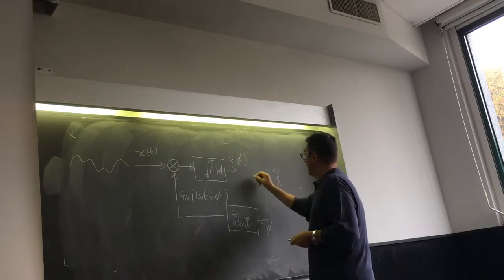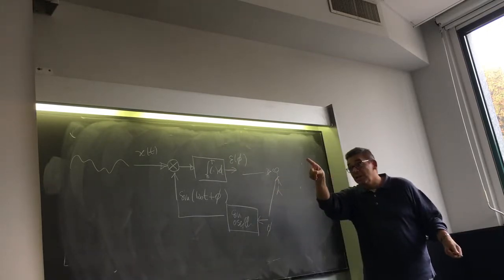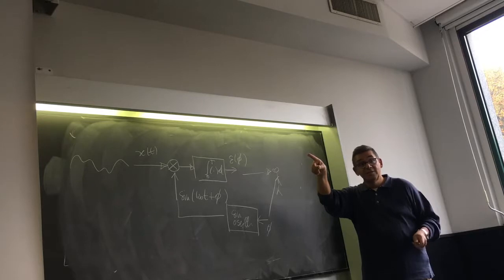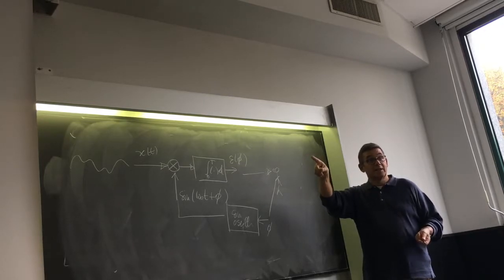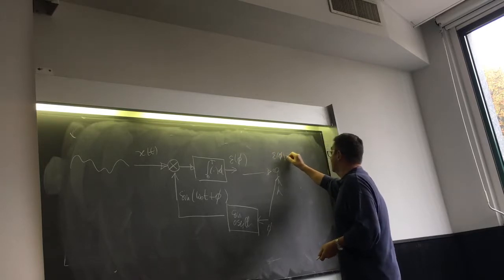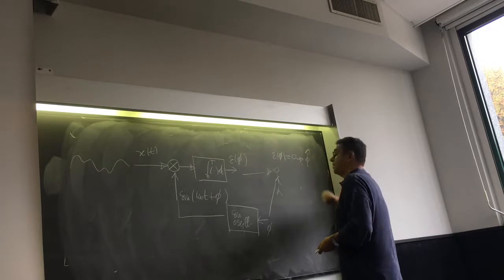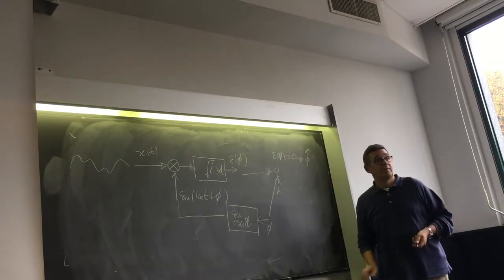I look at the error, and I can change the phase, until epsilon of phi goes to 0. If it is going to 0, then I got the estimated phase.